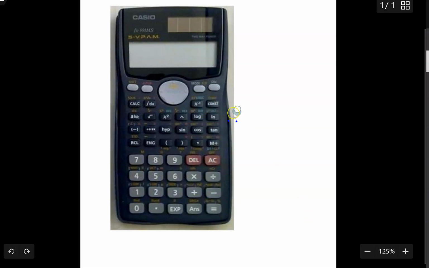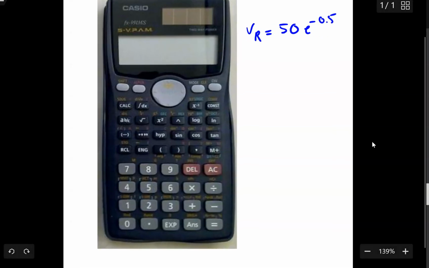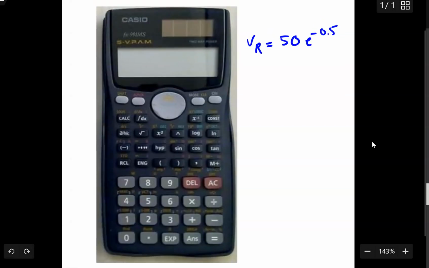Alright, so what we need to do is calculate VR at this point. It would be equal to 50 times e to negative 0.5. So we are going to key in 50.